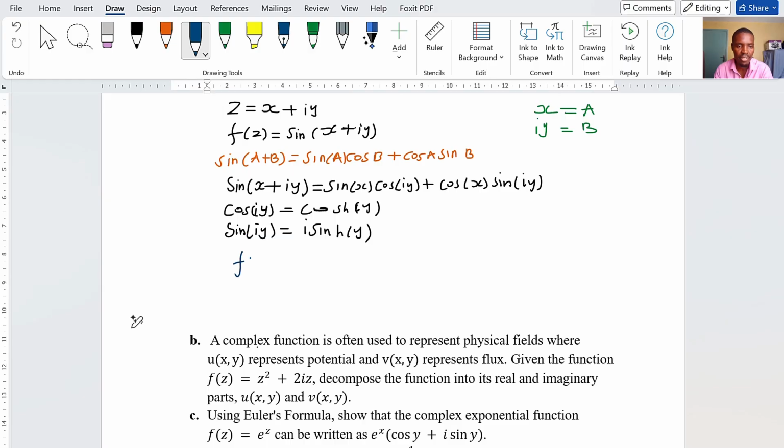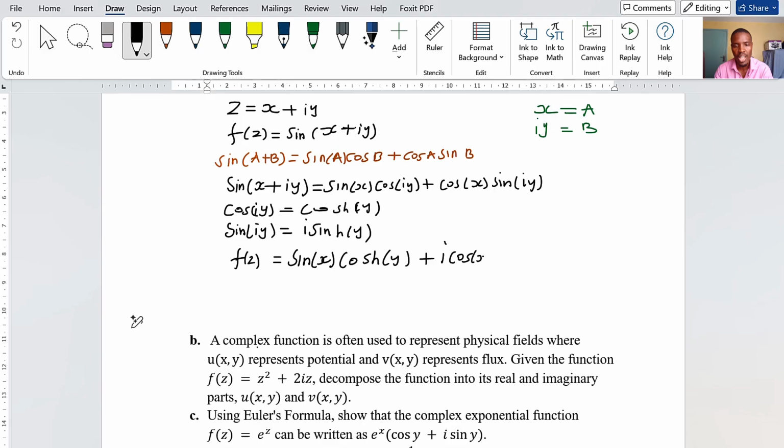Now, our f of z will be equal to sine x hyperbolic cosine of y, plus i cos x hyperbolic sine y.